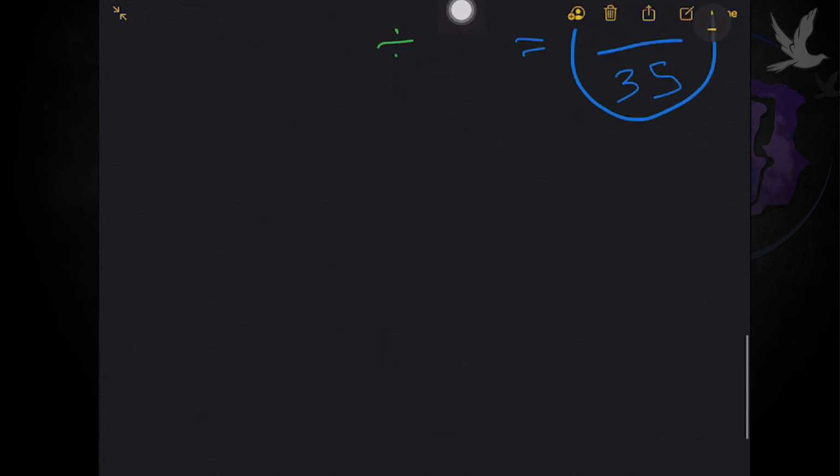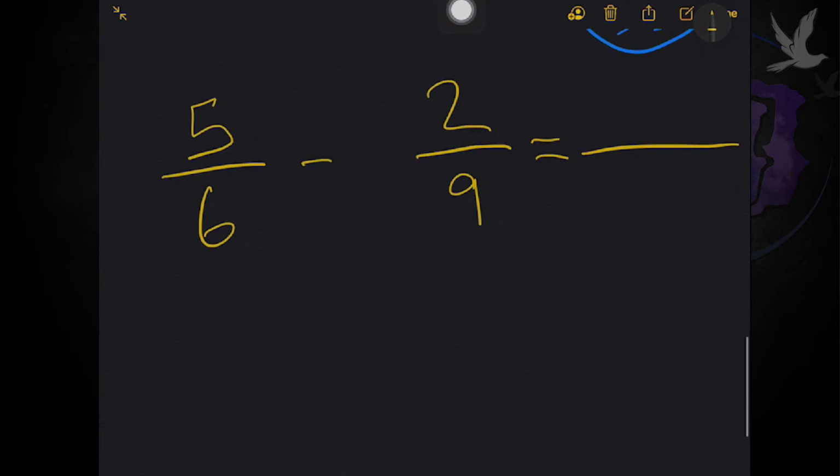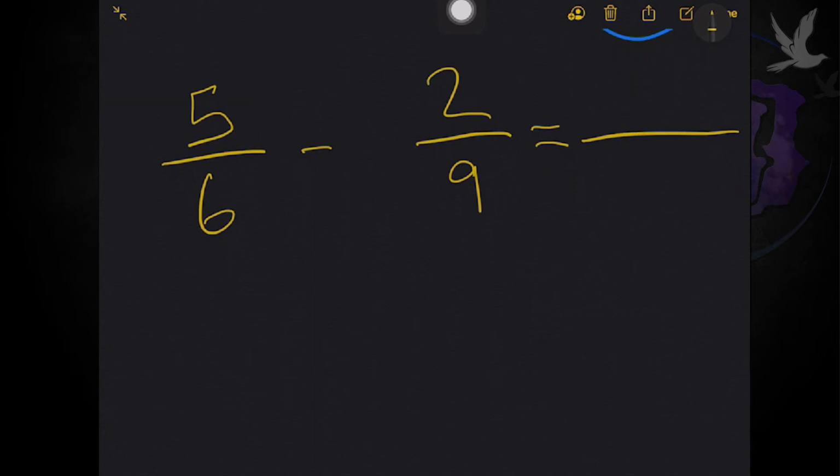We have certain fractions like, let's say, 5 over 6 minus, let's say, 2 over 9. Okay. You might be making a guess now. O, tingnan natin yung guess ninyo. Doing the same process, magmumultiply tayo. O, baka sabihin nyo, Teacher Mark, maybe it's because of the sign.